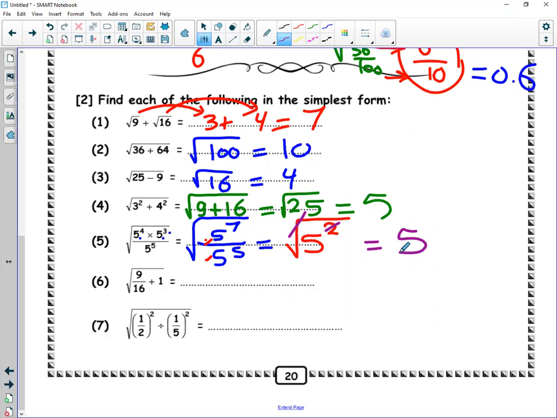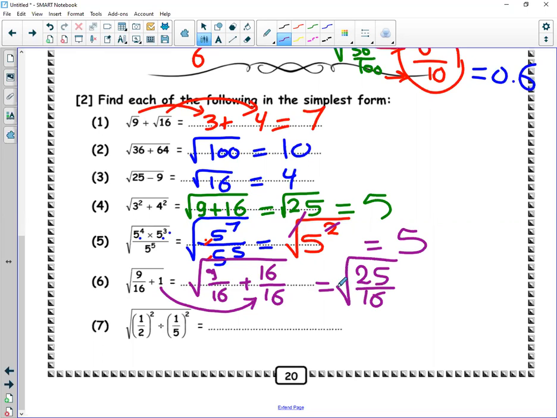By using the calculator, it will be 9 over 16 plus 16 over 16 under the square root, because the number 1 equals any number divided by itself. So the answer will be the square root of 25 over 16. The root of 25 equals 5 and the root of 16 equals 4.